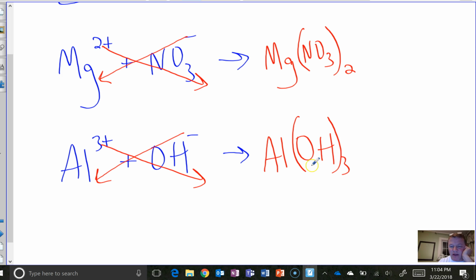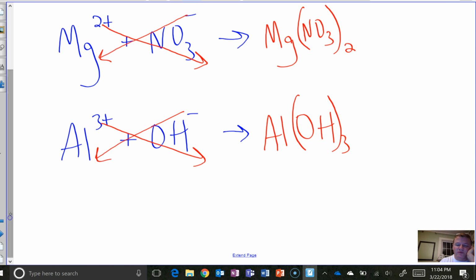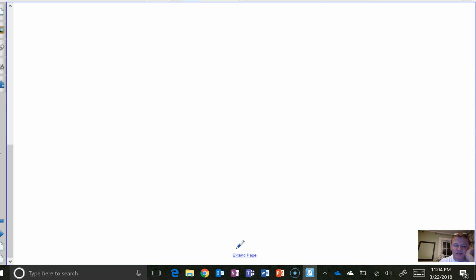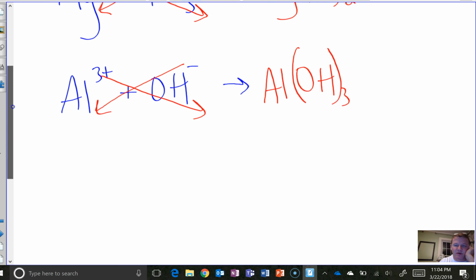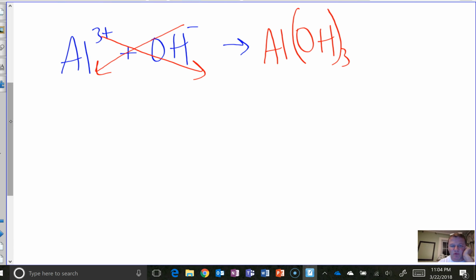So we've got to put our polyatomic ion in parentheses here to indicate that we need 3 of the entire ion instead of just 3 hydrogens. Okay, so the crisscross rule works just the same, except keep your polyatomic ions in parentheses.